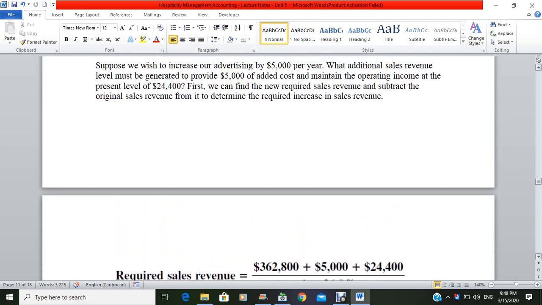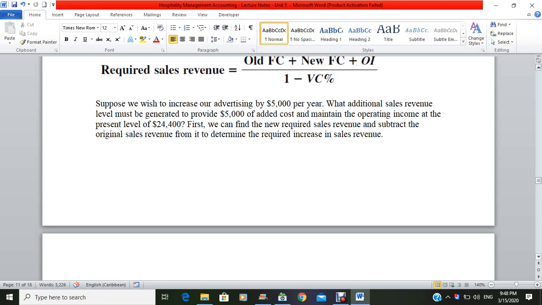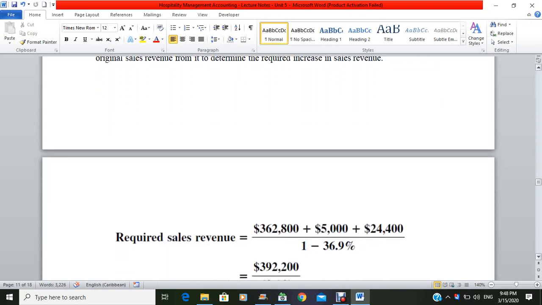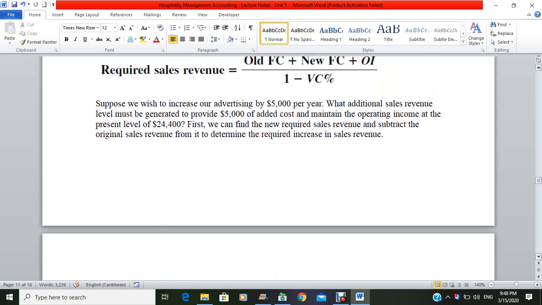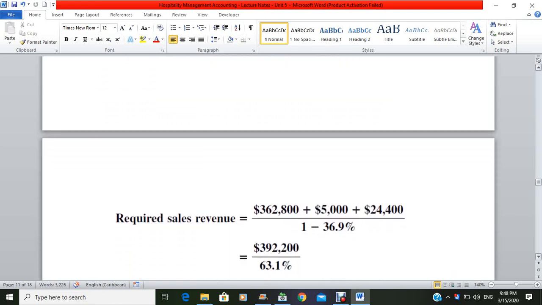So remember, our present operating income is what? 24,400, good. But we are adding a new fixed cost. So we're going to add our old fixed costs, which in this case is 362,800. Then we add the new fixed cost, which is now 5,000, plus the operating income, and divide by our contribution margin.